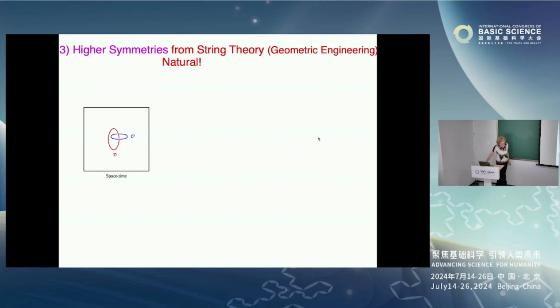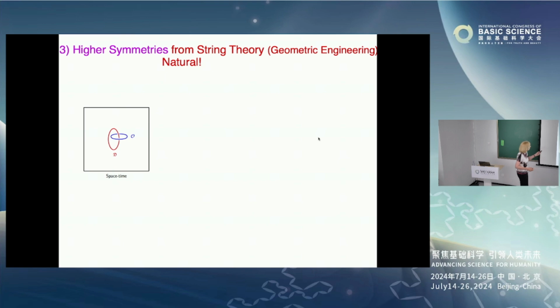All right. So this was from the field theory perspective. Now let's go to the string theory interpretation of this phenomenon. So these higher global symmetries naturally have a geometric engineering interpretation, namely an interpretation from string theory.